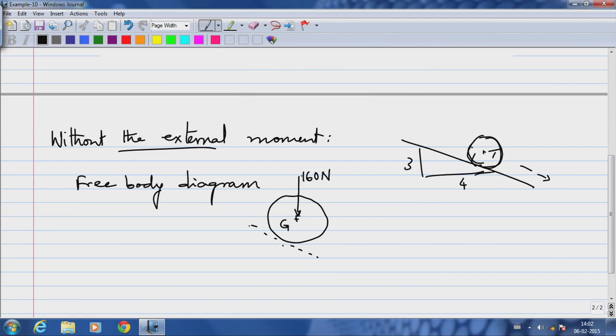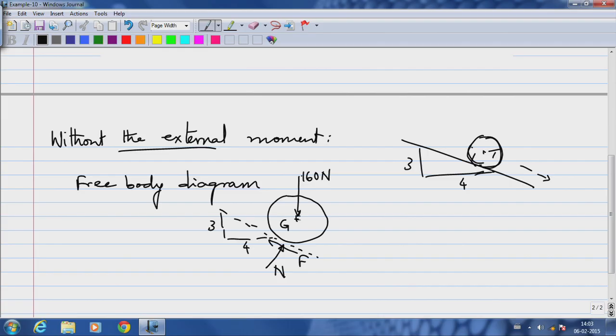And then at the point of contact there is a normal reaction force of some unknown magnitude N and a friction force F.